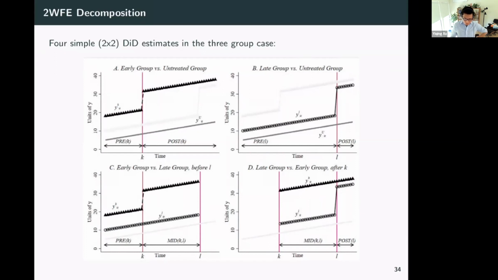The first one is very easy to understand, which is the early adopter compared with never treated, or untreated, or the pure control. I call them pure control. Okay, pure control is better. So early adopter versus pure control, you have a well-defined DID, and then you get an estimate.